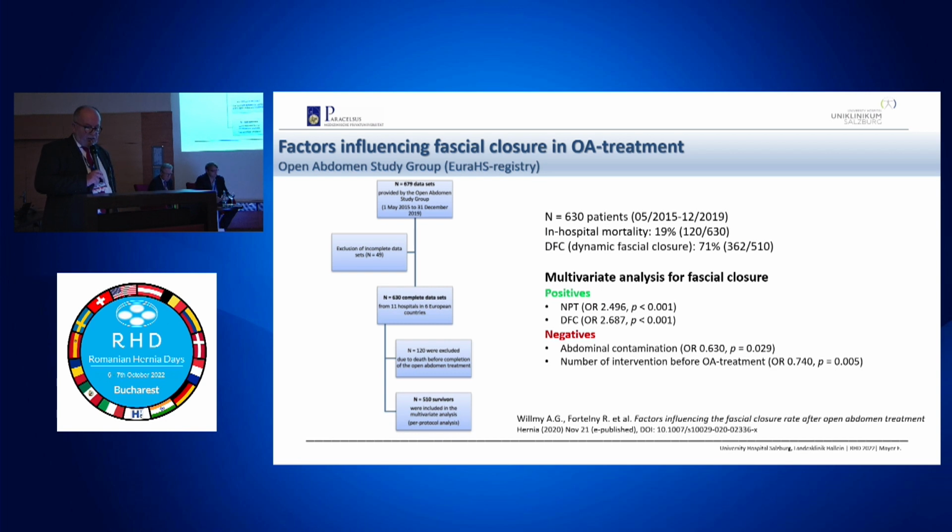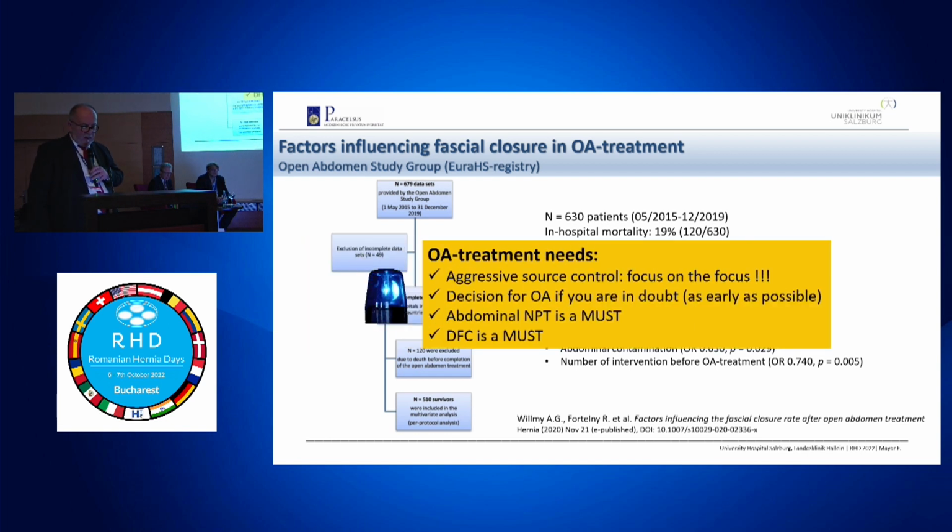They examined 630 patients and found out in multivariate analysis that positive factors are the use of negative pressure therapy and the use of dynamic fascial closure, whereas abdominal contamination and the number of interventions before you close the abdomen are negative predictors for the success, that means for fascial closure.